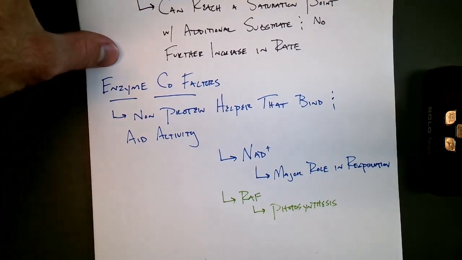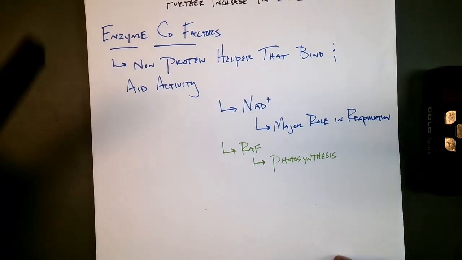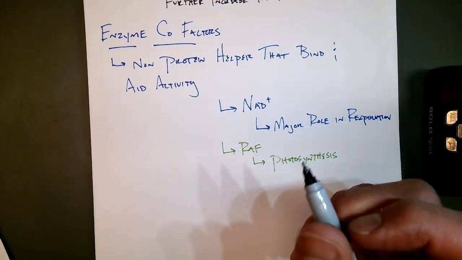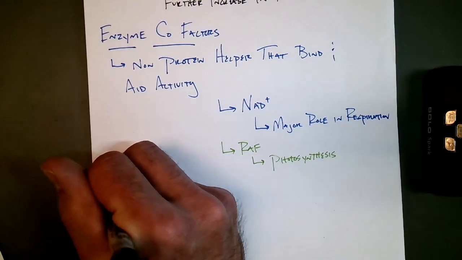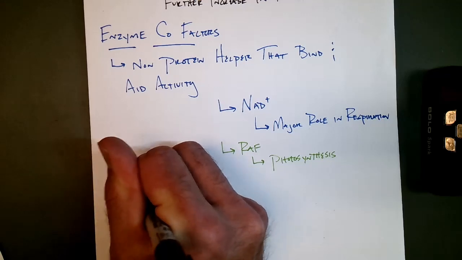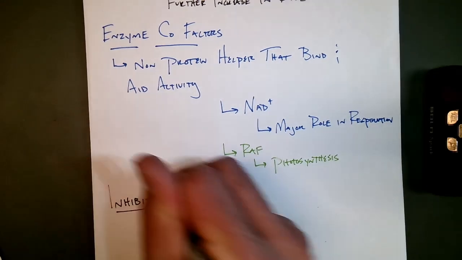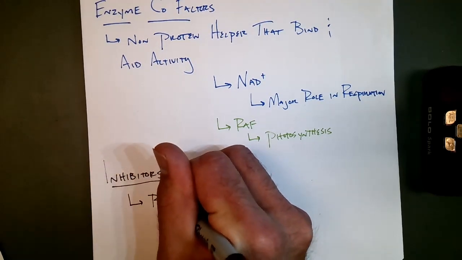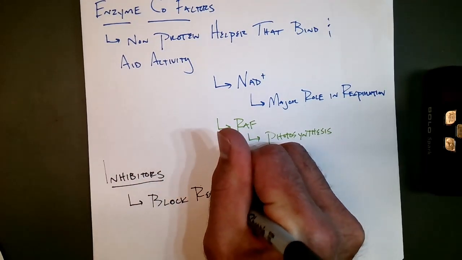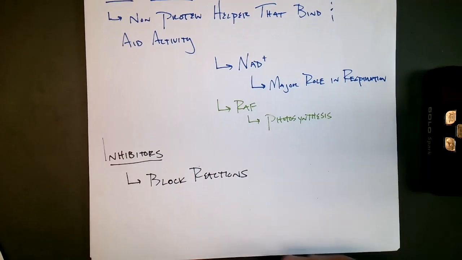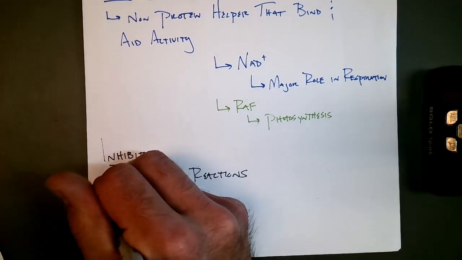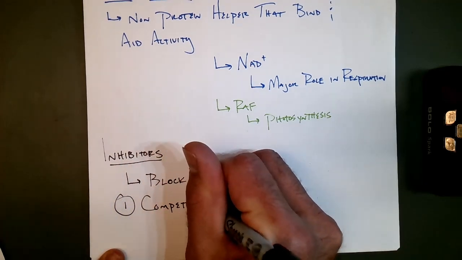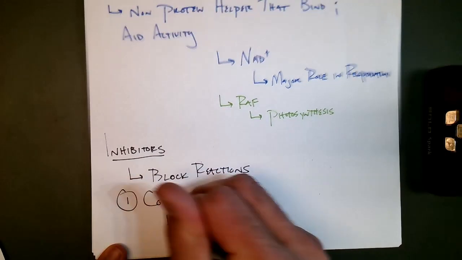Things that can inhibit an enzyme or make an enzyme non-operational, other than some of the things that we talked about above, would be called inhibitors. Inhibitors block reactions, and this can be done two different ways. They could be competitive, which means they are going to compete for the active site.